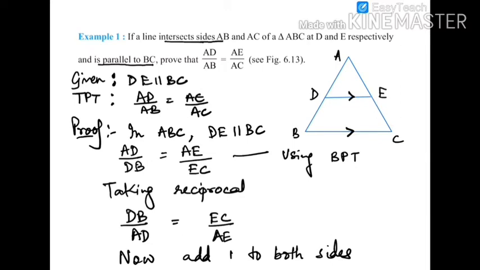Likewise, adding EC to AE will give us AC. So we just have to find a workaround with this equation and then arrive at the answer. Likewise, you can show DB upon AB is equal to EC upon AC.